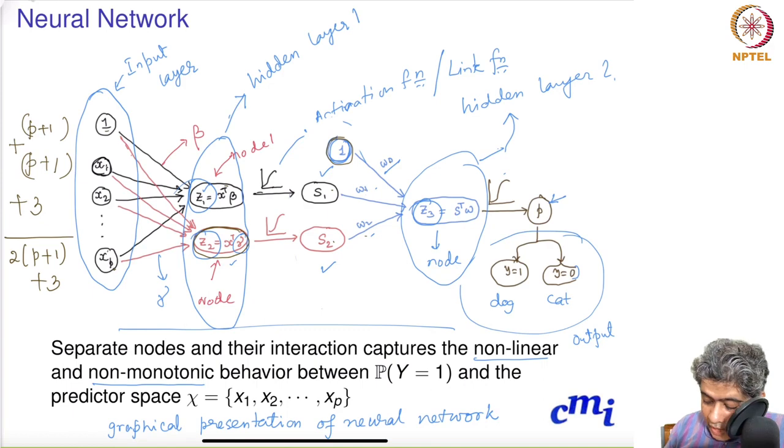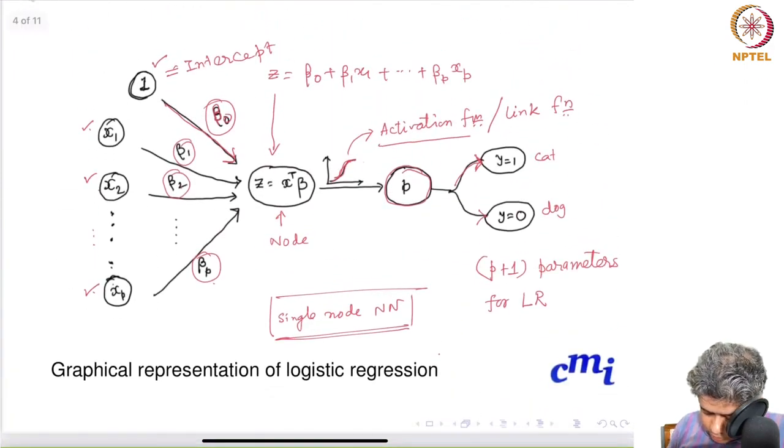So if you use a logistic regression with p equal to 10, a single node neural network, you have a total of 11 parameters.